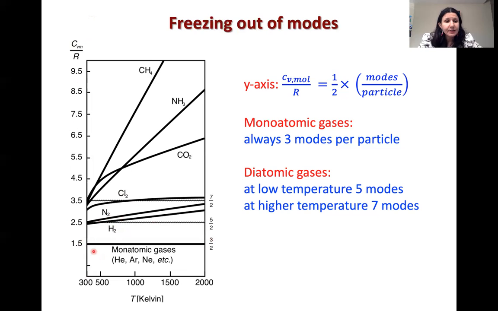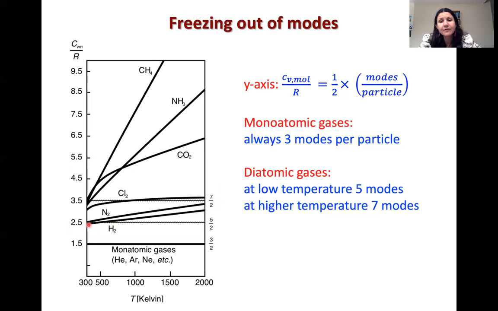What do we see? At low temperatures of about 300 Kelvin, the number of modes is 5, because remember, we always multiply by 2. So 2.5 times 2 gives us 5. But then as we increase temperature, it reaches this value of 7/2, which times 2 is 7.